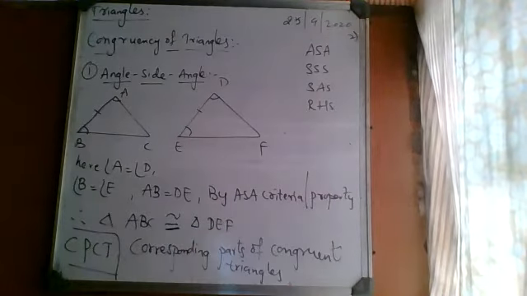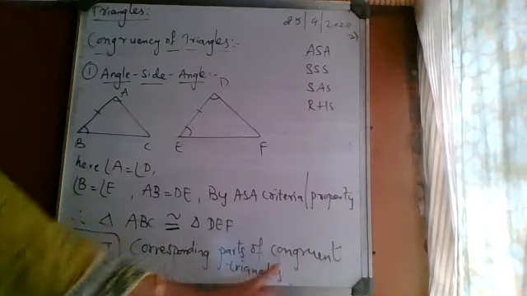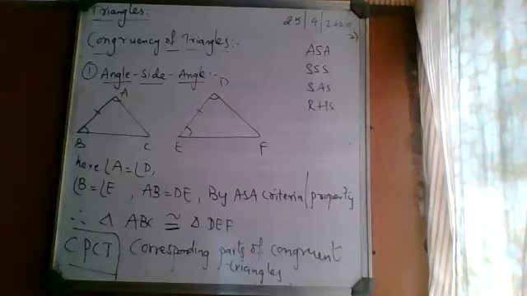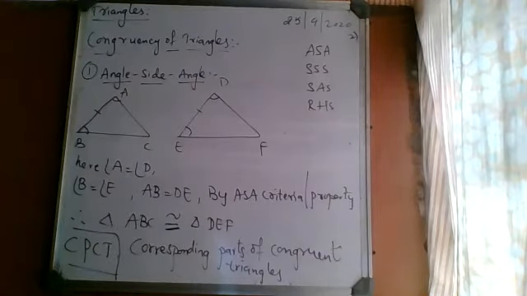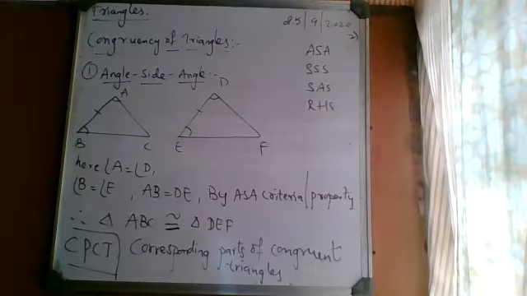Now, when I erase the board, then I'll explain what this is. Corresponding parts of congruent triangles. Okay? Is it clear, this one? Next.